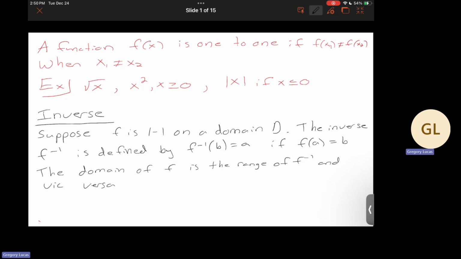So mostly we're going to find inverses by switching those x and y values, and that's what we can imply from this definition. The x values of f are the y values of f inverse. So if I want to solve for an inverse, I can just switch x and y.